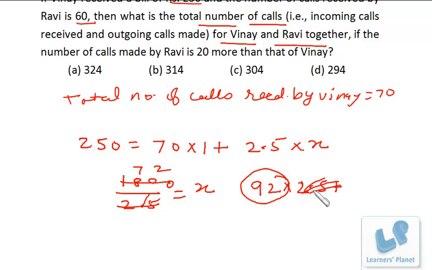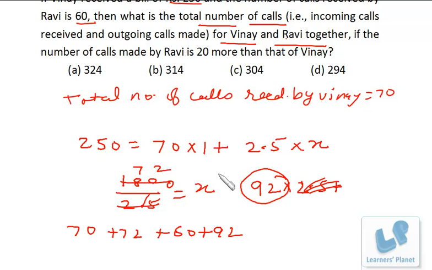And the total number of calls by Vinay we have already calculated. That means the total number of calls will be 70 plus 72 plus 60 plus 92.